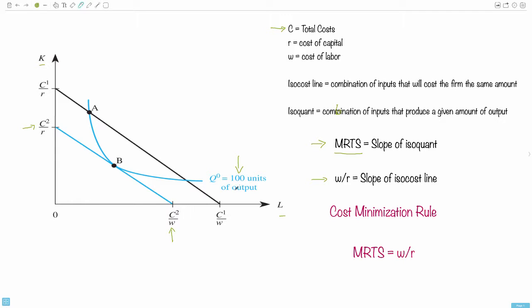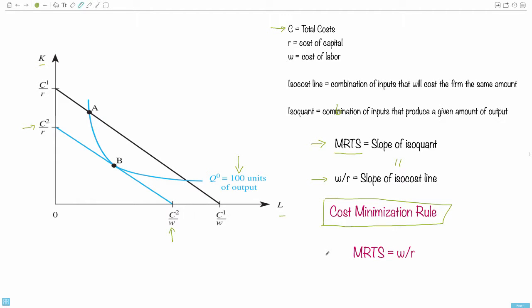So here is what all this boils down to in terms of cost minimization. It can be shown mathematically, and I am going to skip the demonstration, that costs are going to be minimized when the slope of the isoquant is equal to the slope of the isocost line.